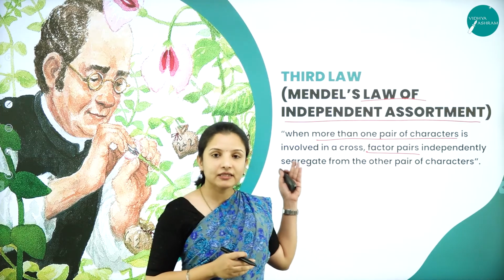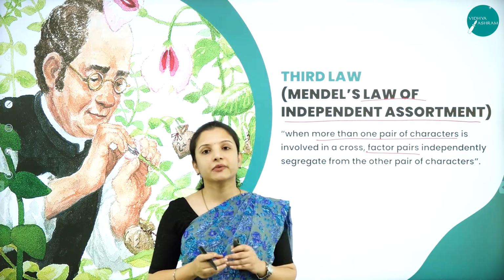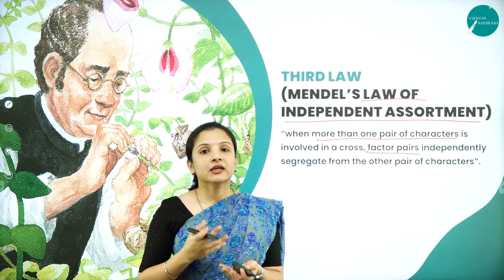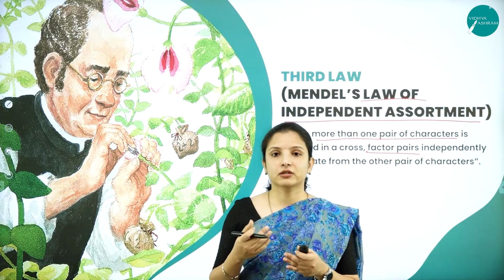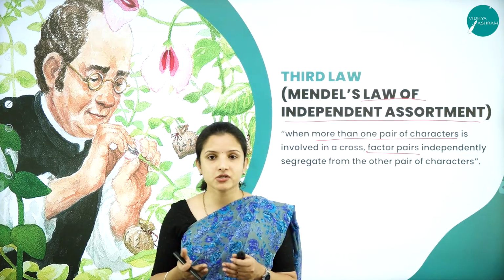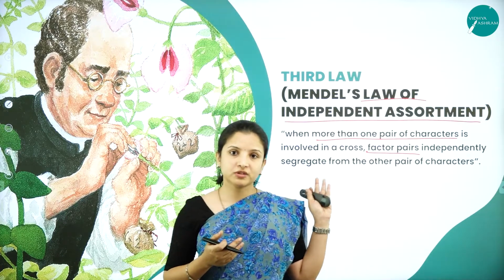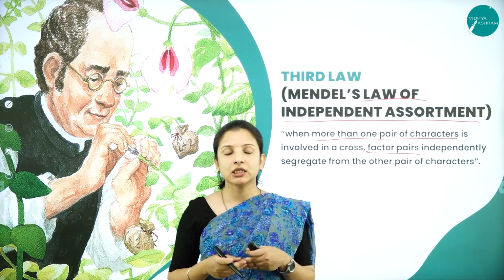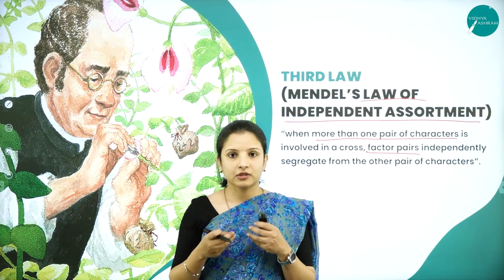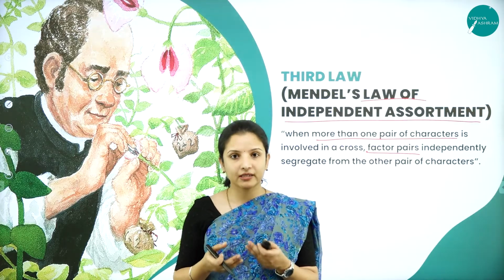It was in 1860 when he conducted experiments on the pea plants, and he put forth all three laws: the law of dominance, the law of segregation, and the law of independent assortment. But the people during those years, in 1860, were not ready to accept whatever Mendel had done.